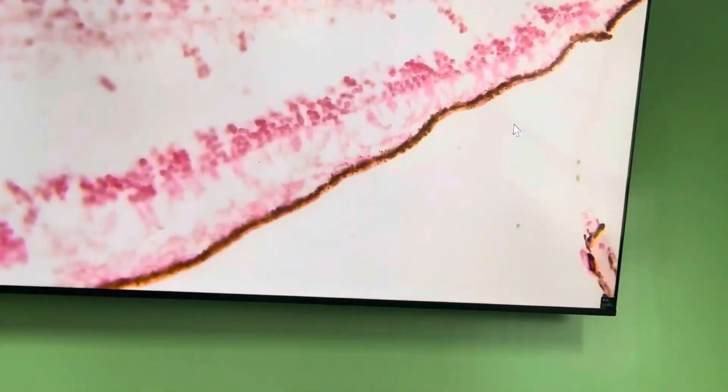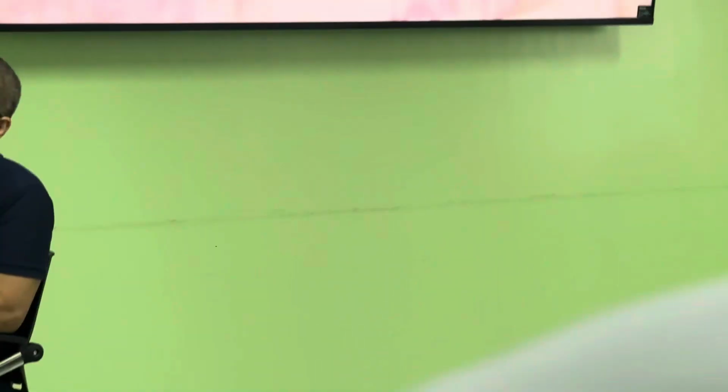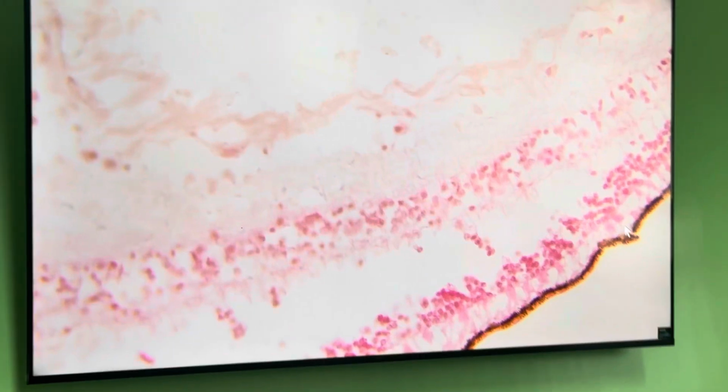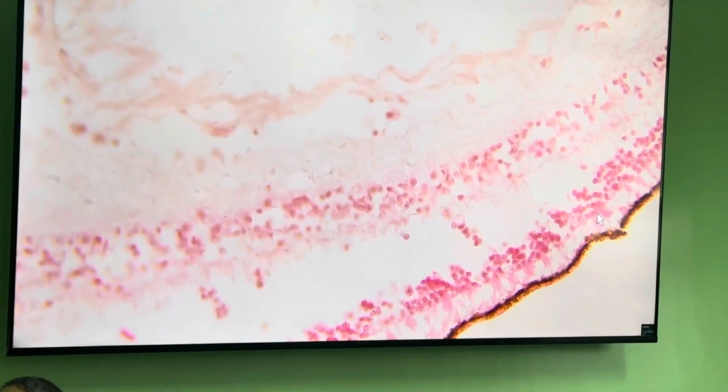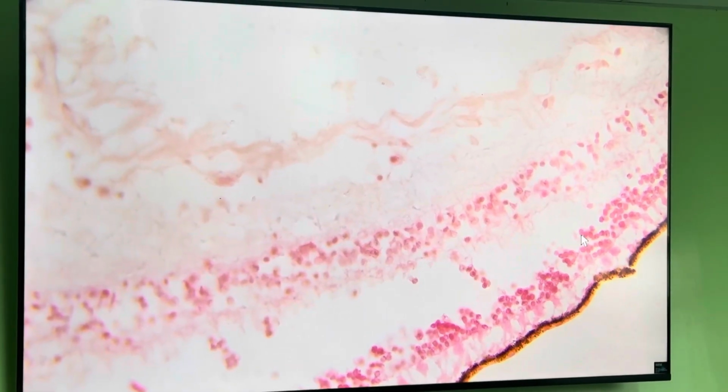So this one is the RPE, the retinal pigment epithelium. Okay. This one would be the rods and cones. We have the outer limiting membrane. We have the outer nuclear layer. You have here the outer plexiform, inner nuclear, inner plexiform.